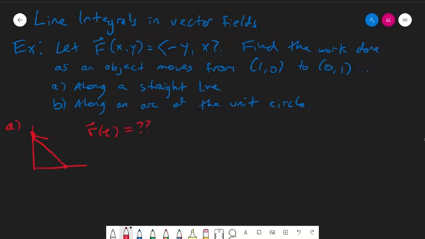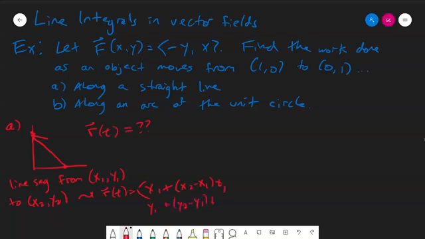So remember that if you want the line segment from the point (x1, y1) to the point (x2, y2), well, there's a common way of doing this. You basically take r of t to be x1 plus (x2 minus x1)t, and then y1 plus (y2 minus y1)t, where the range of t values is 0 to 1.